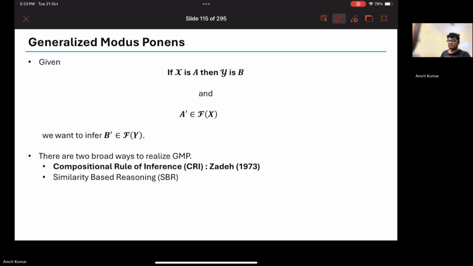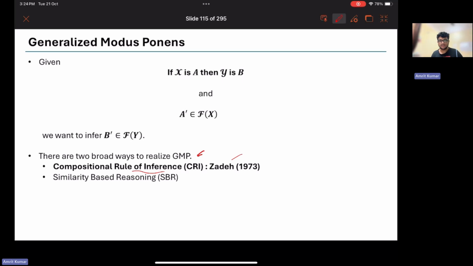Okay. So let's take stock of what we have done so far. We talked about generalized modus ponens, and then we talked about generalized modus tollens, and then we talked about hypothetical syllogism. We started this discussion with generalized modus ponens, and I mentioned that there are two broad ways to realize generalized modus ponens. The first one is the compositional rule of inference, which was proposed by Zadeh in 1973, and that is what we have discussed so far.